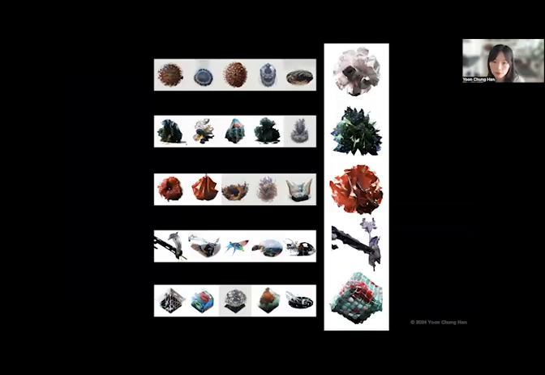Some of the process images: on the left side are AI generated images of sea creatures, and on the right side are the finer plastic hybrid creatures. So the left are inspirational reference images, and the right are finer designs.